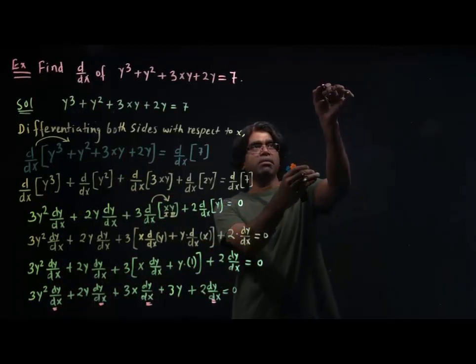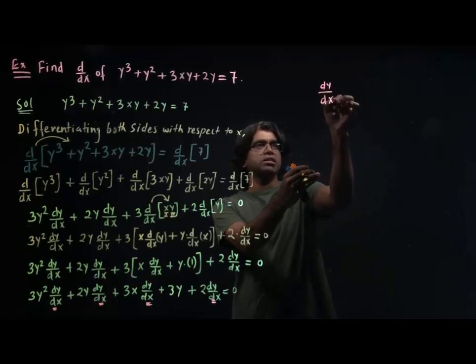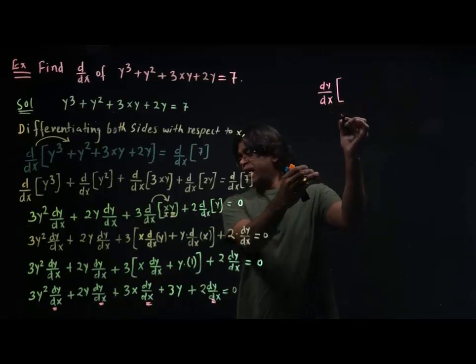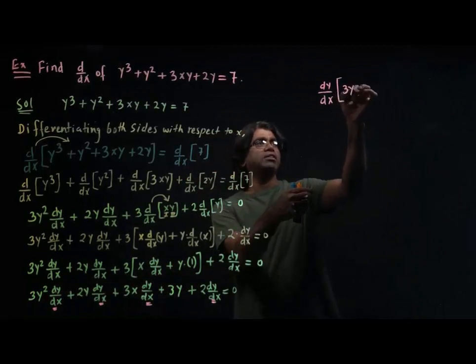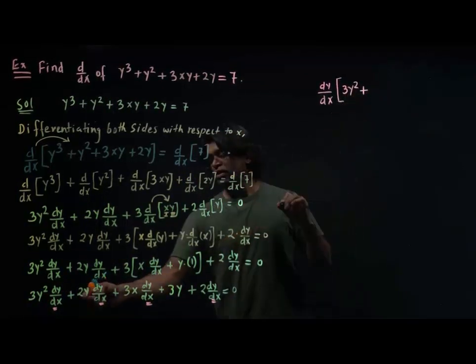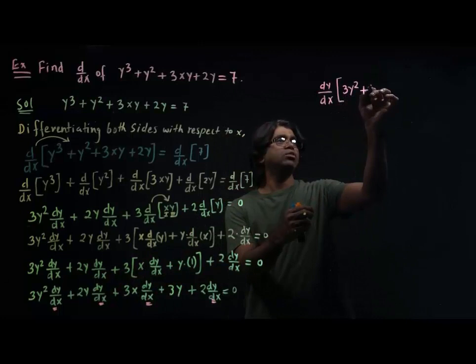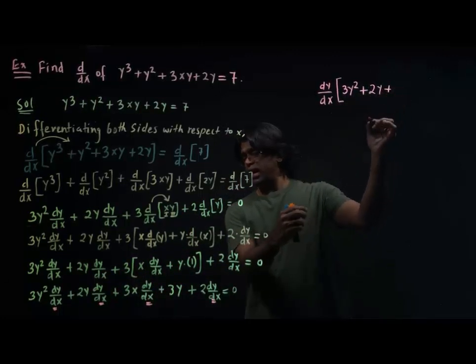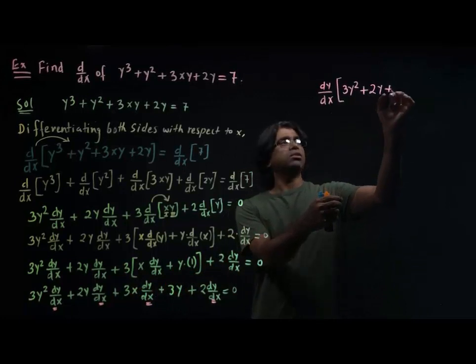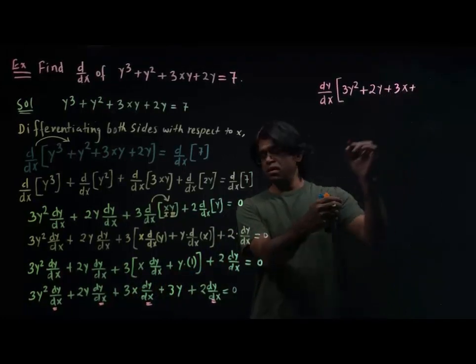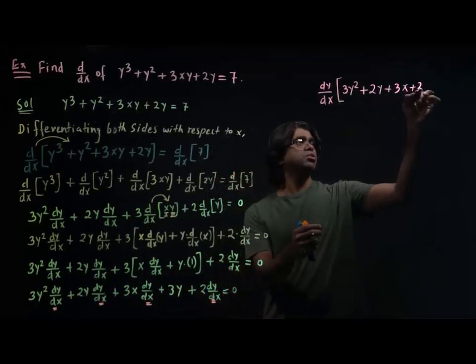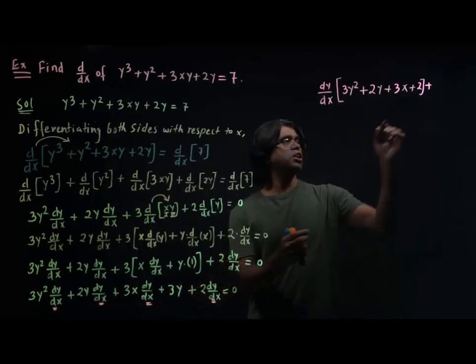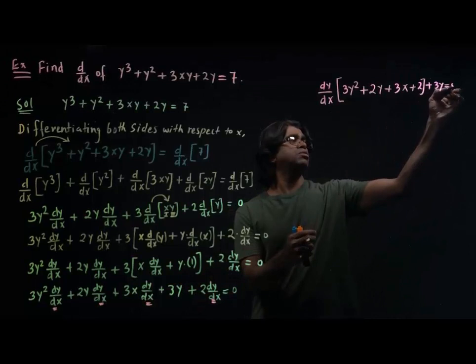If I do that, I will write dy over dx outside the bracket, and inside I have 3y squared left, plus 2y, plus 3x, plus 2, and then plus 3y, and that is equal to 0.